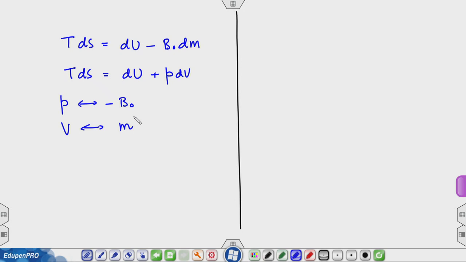Now, what we are saying here is that I'm magnetizing a system under isothermal conditions. Under isothermal conditions, when the system expands, it absorbs heat.